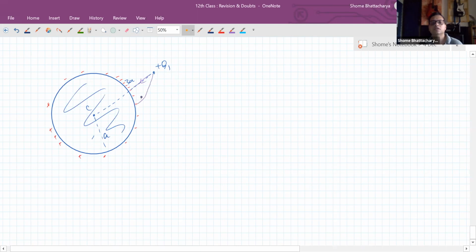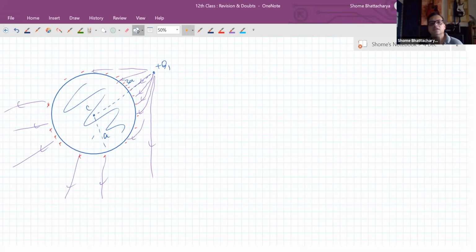They emanate from here, and this kind of electric field lines would be there.